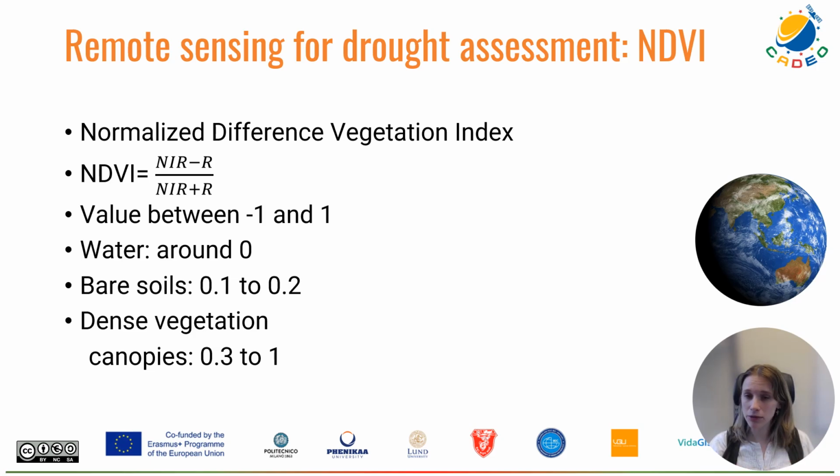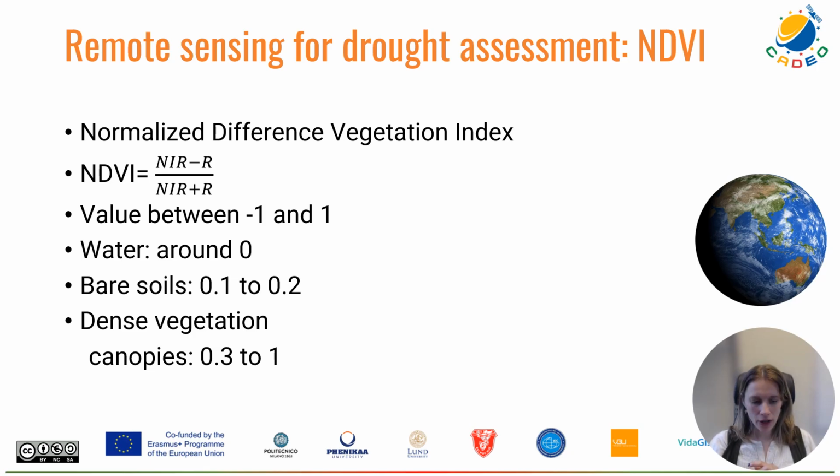It's a very simple, straightforward, very commonly used index, and it provides a value between -1 and 1, and all negative values are basically water, although water is generally around 0.